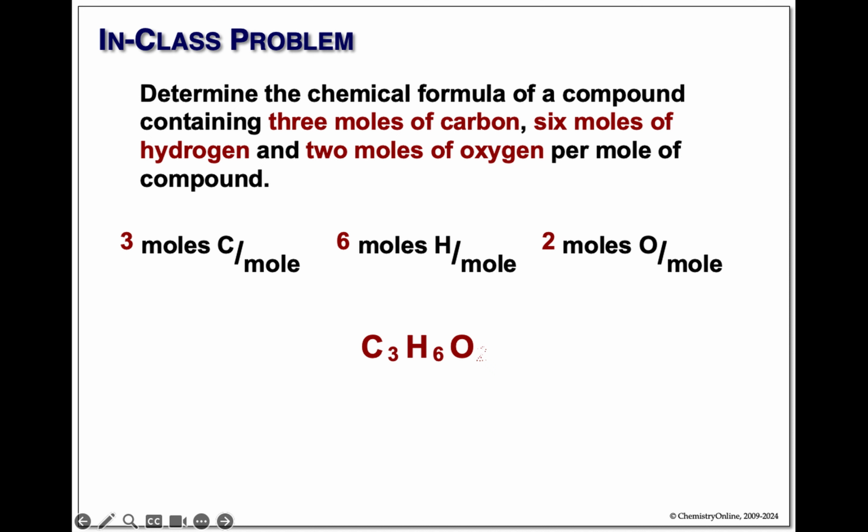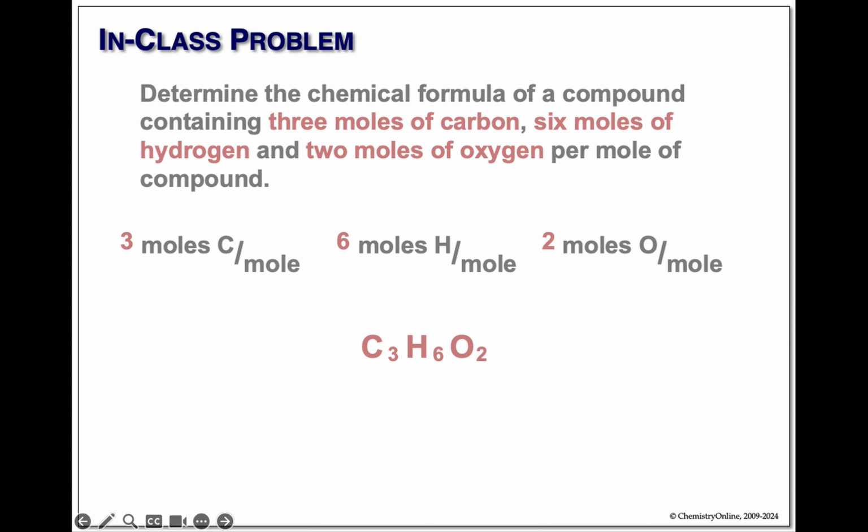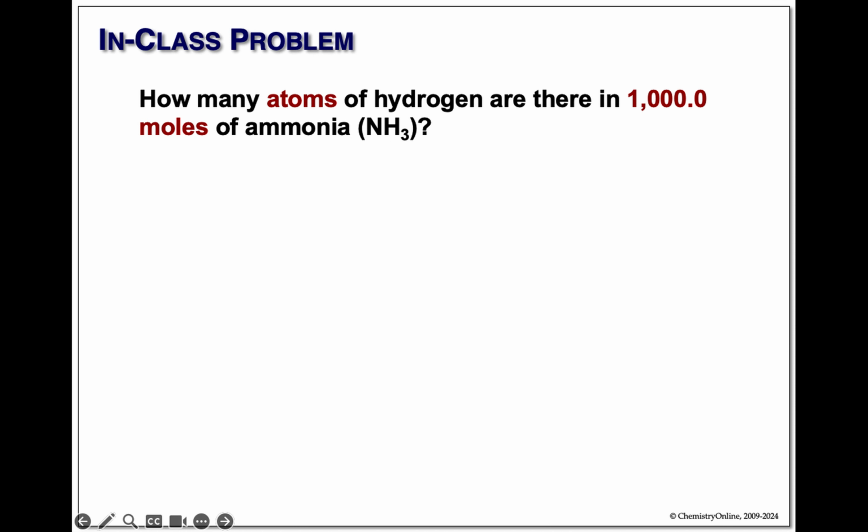Now we're going to use mole ratios to allow us to talk about the parts of molecules. For example, if I asked you how many atoms of hydrogen there were in 1,000 moles of ammonia, NH3.